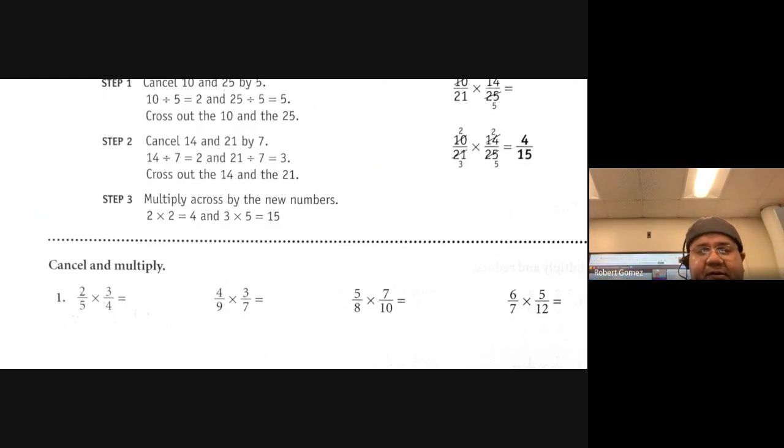Raise your hand, and I can get you unstuck, and that would be okay. So 4 minutes now. We'll check our answers in about 4 minutes. If you get stuck, raise your hand.